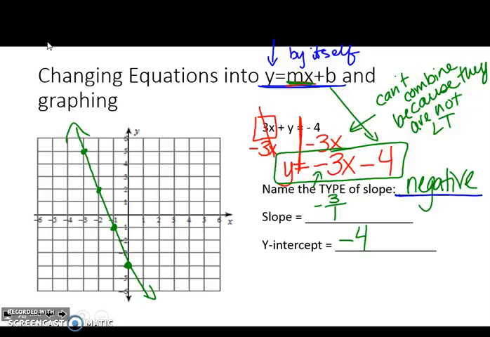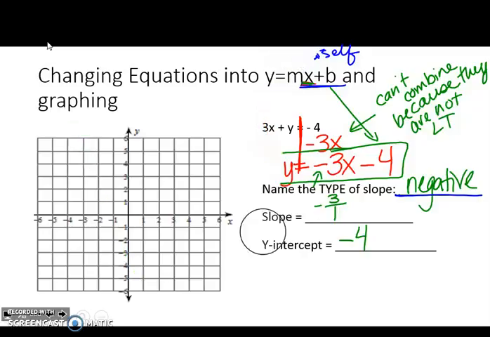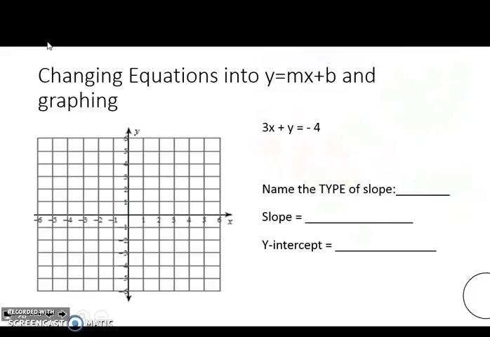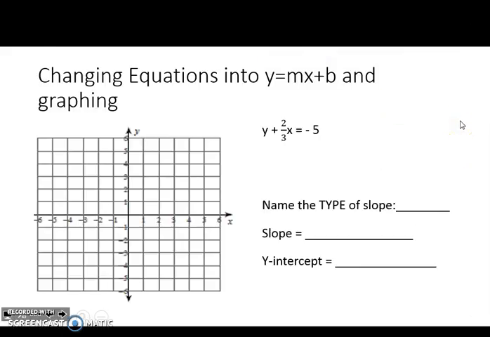As we go through these next 2 examples, make sure you take note of all of the work that has to be written for every problem. So let's do the next one. So we're kind of combining our solving equations with our graphing y equals mx plus b. So in this equation, we have y plus 2 over 3x equals a negative 5.